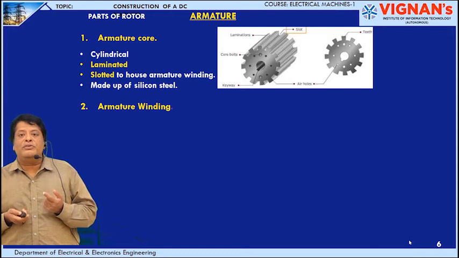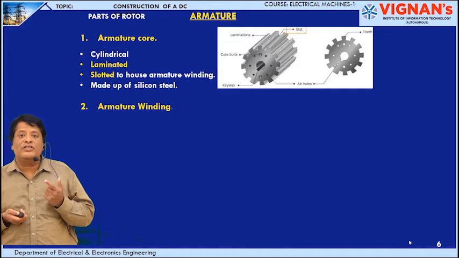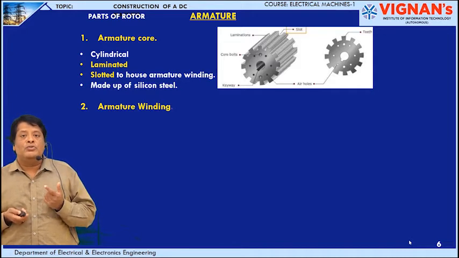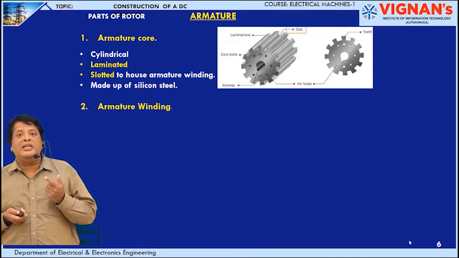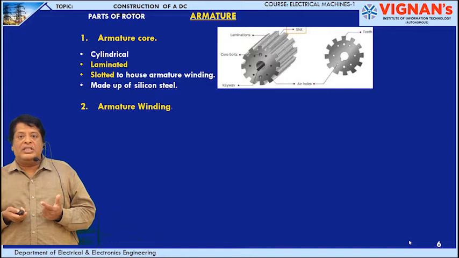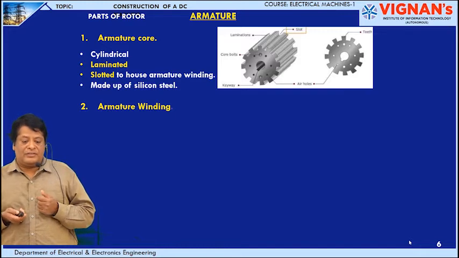To reduce the hysteresis losses. The hysteresis coefficient of the machine decreases, so the hysteresis loss of the machine decreases. In the next coming classes, we are going to detail the hysteresis and eddy current losses.